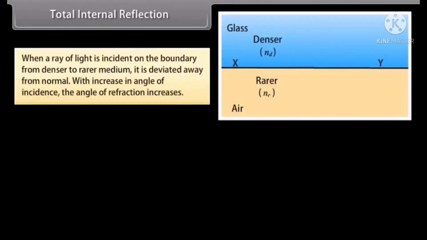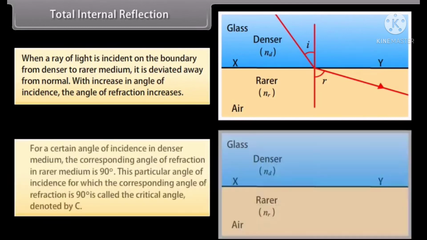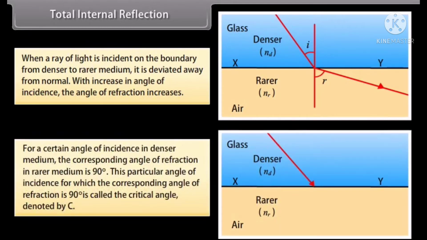Total internal reflection. When a ray of light is incident on the boundary from denser to rarer medium, it is deviated away from the normal. With increase in the angle of incidence, the angle of refraction increases. For a certain angle of incidence in the denser medium, the corresponding angle of refraction in the rarer medium is 90 degrees.